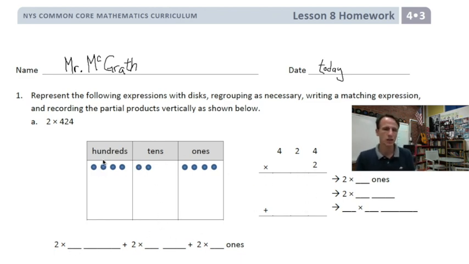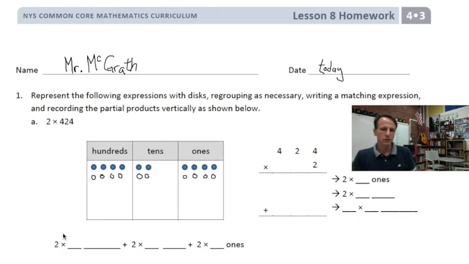So 2 times 424. Well, they've been oh so kind as to provide us with the 424 on the chart there. And we're only doing 2 times, so we just simply do these 2 times. So 1, 2, 3, 4 hundreds, added 2 more tens, and 4 ones. Beauteous.